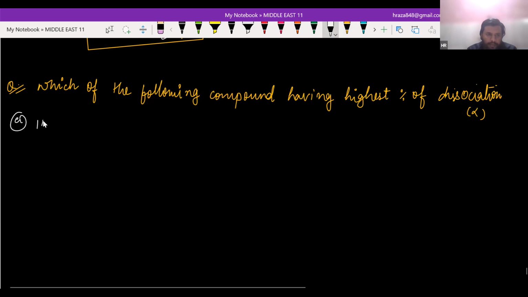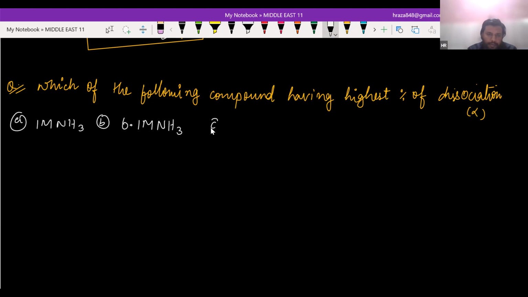Option A is 1 molarity NH3. Option B is 0.1 molarity NH3. Option C is 0.01 molarity NH3. Option D is 0.001 molarity NH3.